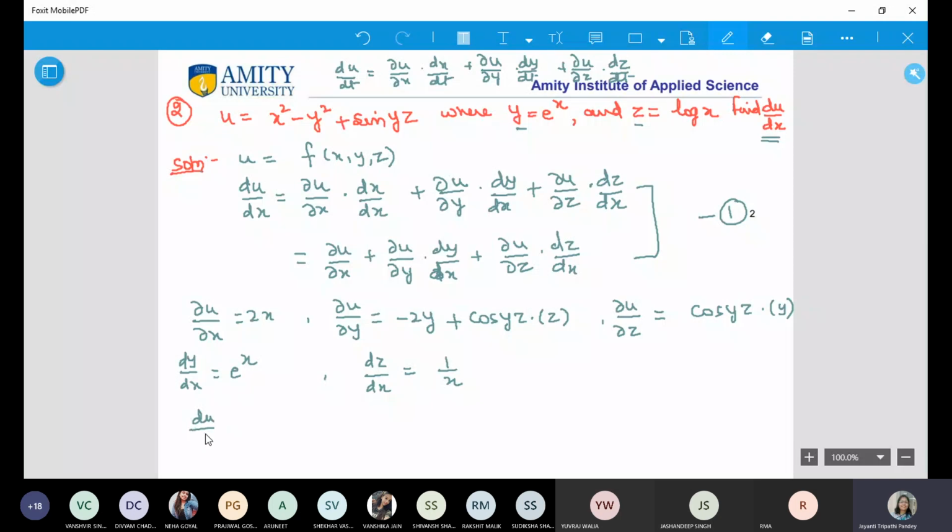So du by dx is equal to del u by del x, that is 2x, plus del u by del y, that is minus 2y plus z cos yz, into dy by dx, which is e^x, plus del u by del z, that is y cos yz, into 1 by x.